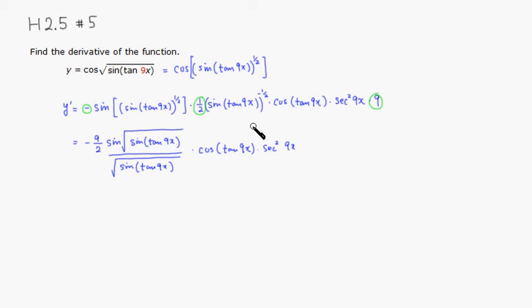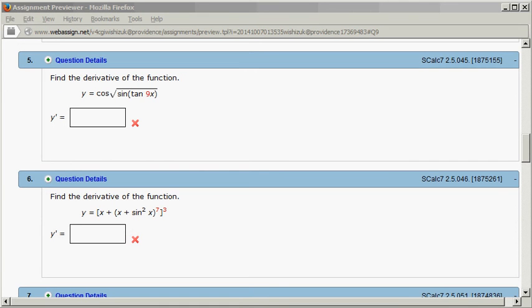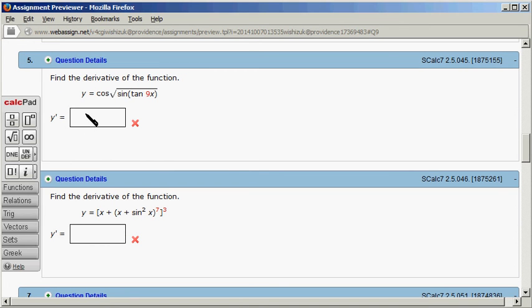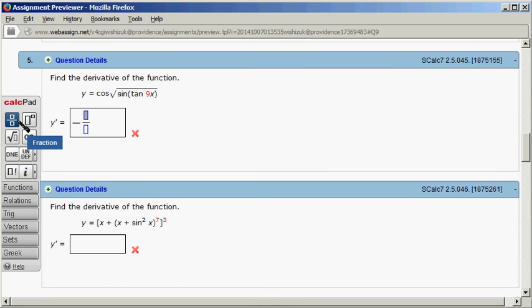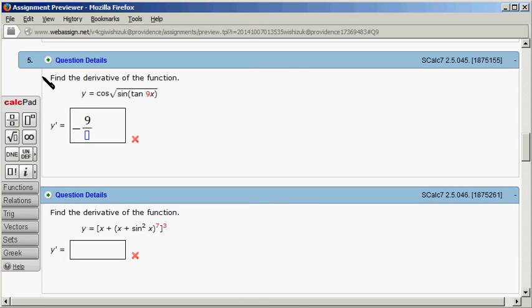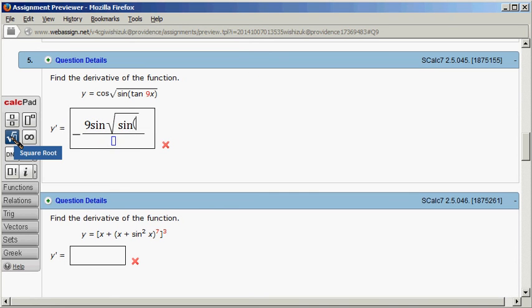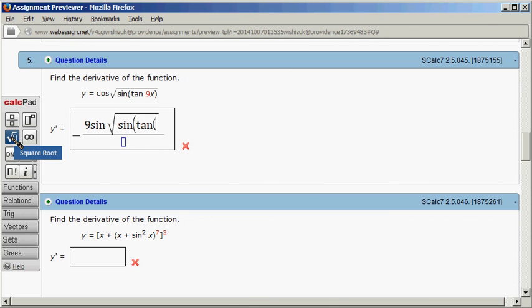So let's type it in. It's going to be negative. On top you have 9, and then you have a sine of the square root, so I'm going to put a square root there, and then a sine of tangent of 9x.